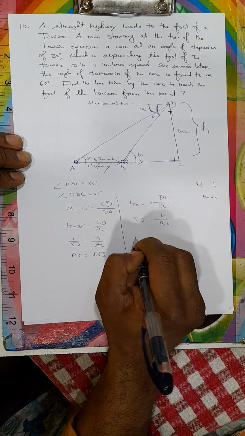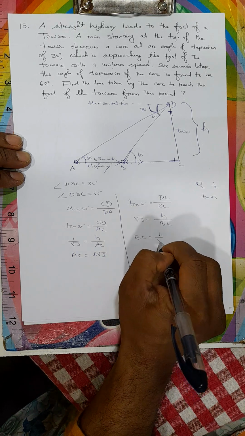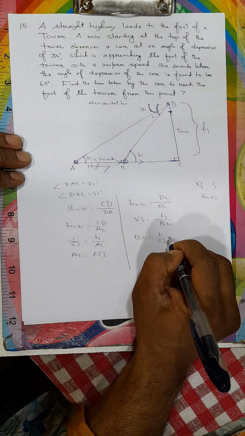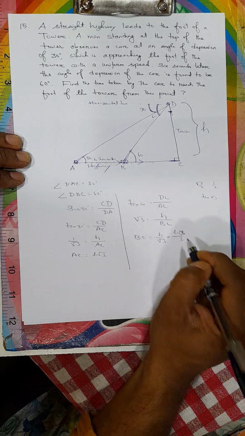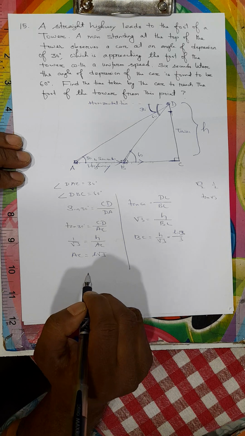So what is BC? BC equals h divided by root 3, so it is h root 3 divided by 3. So we got BC here, then we got AC also.